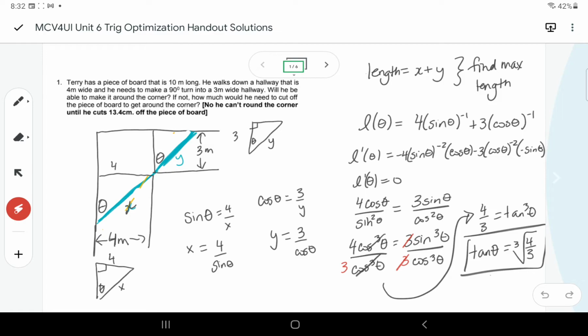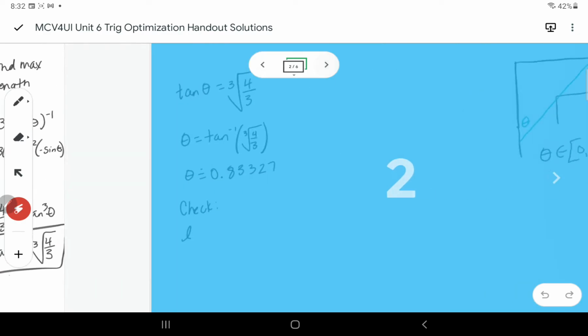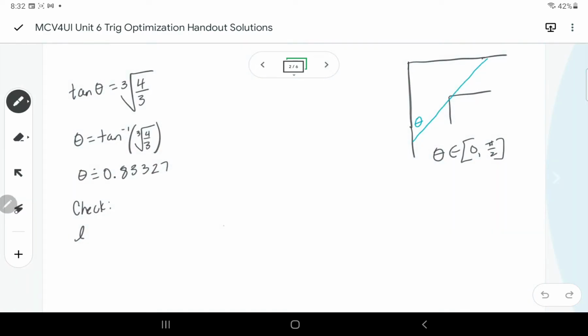angle. It is a little bit trickier to do the sine analysis here, but we would want to check the length at a very small angle, just quite close to 0, and the length at a very big angle, like pi over 2 minus 0.001.